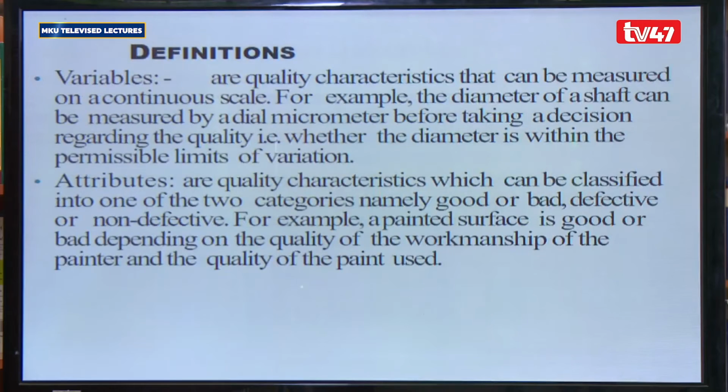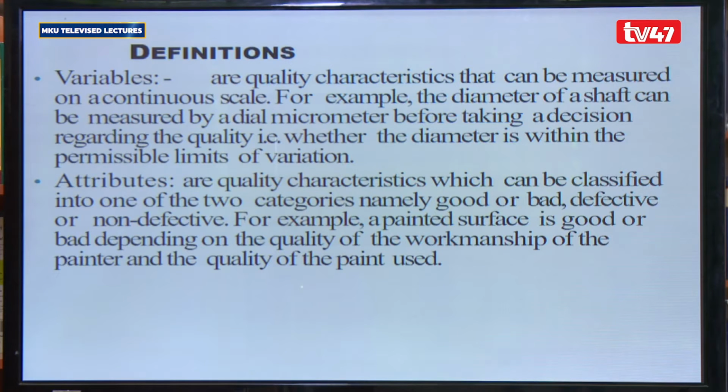So there are some terms that we shall define before we can look at the various control charts. When we talk of a variable, variables are simply those measurable characteristics.